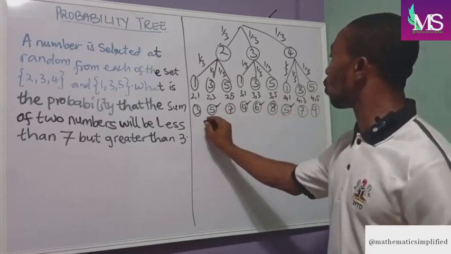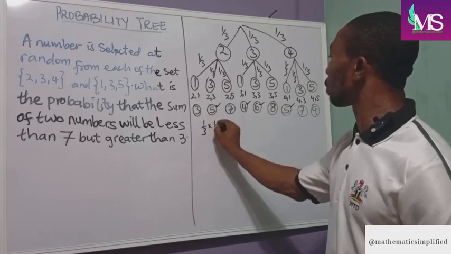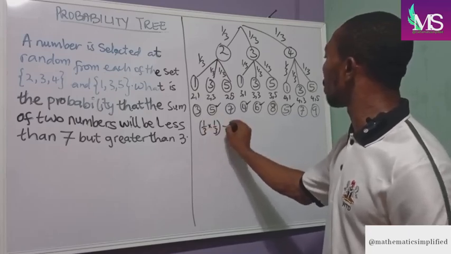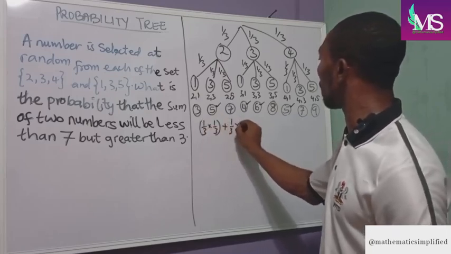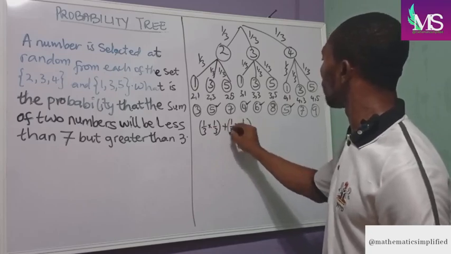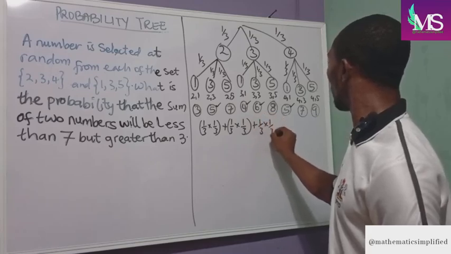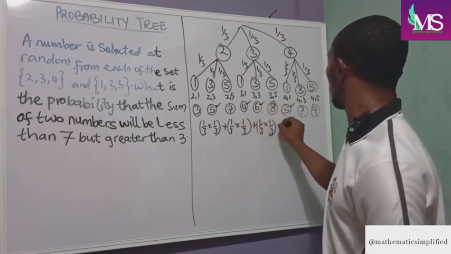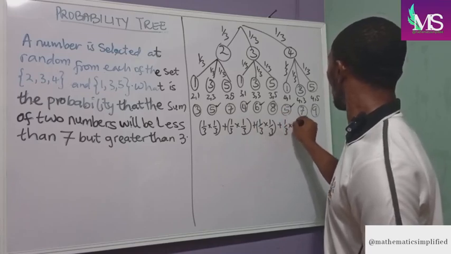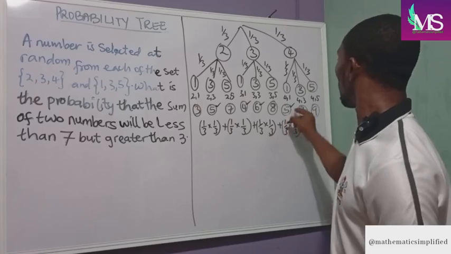So this will become 1 over 3 times 1 over 3 plus 1 over 3 times 1 over 3 for this, plus 1 over 3 times 1 over 3 for 6, plus 1 over 3 times 1 over 3 for this other one.